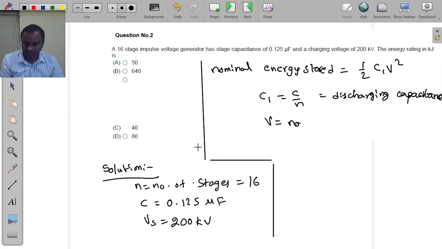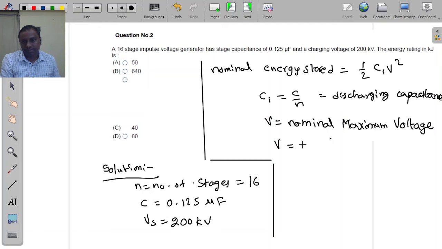So this V will become n times the source voltage.